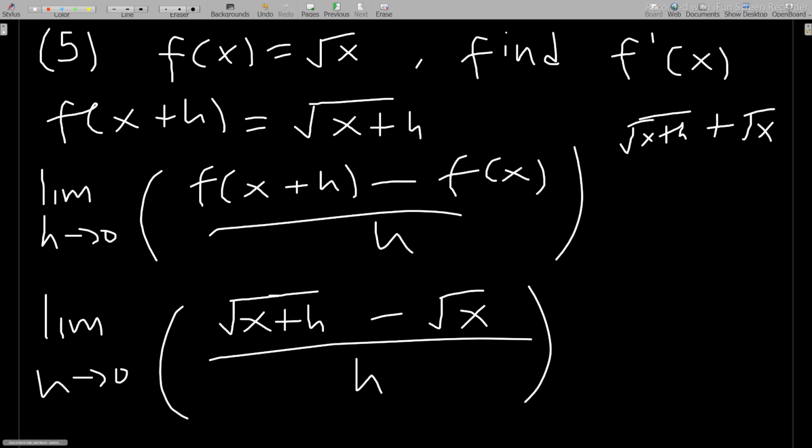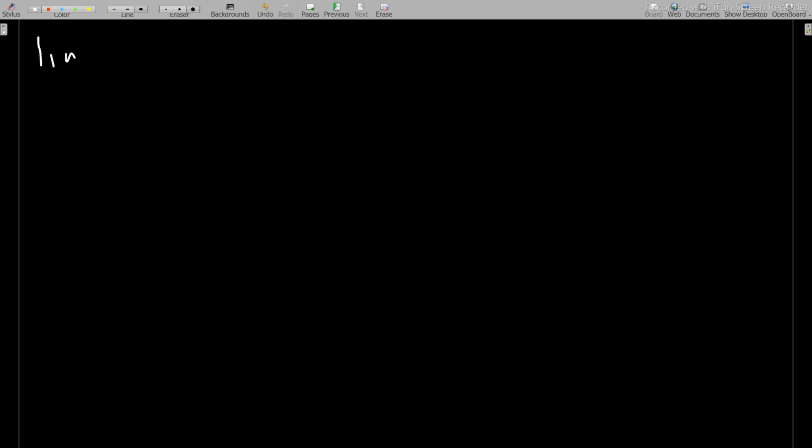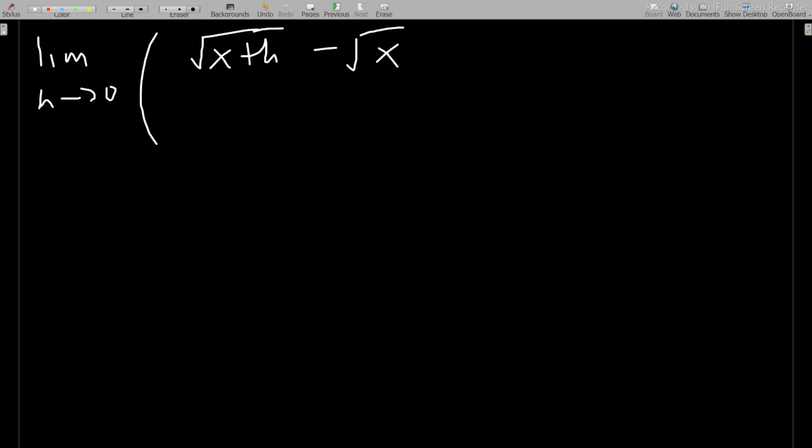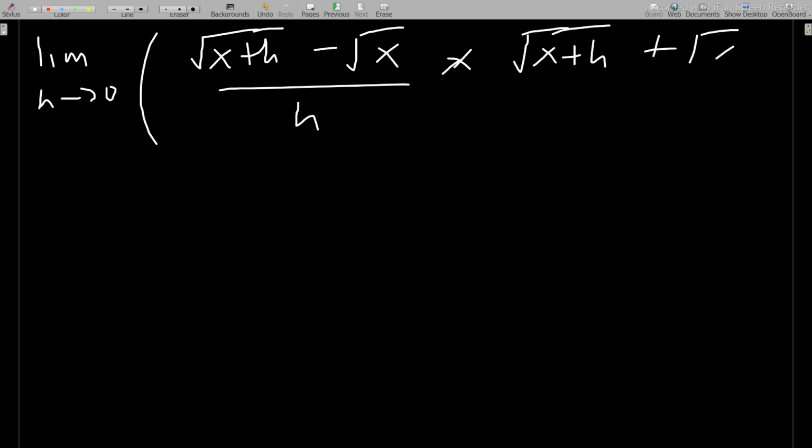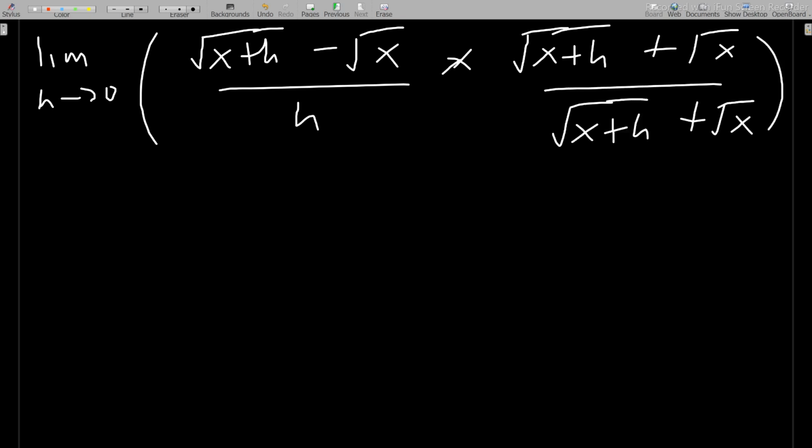So you have to multiply both the top and bottom by that, and this will give me the limit as h approaches 0 of the square root of x plus h minus the square root of x over h, times the square root of x plus h plus the square root of x over the square root of x plus h plus the square root of x, okay, like that.